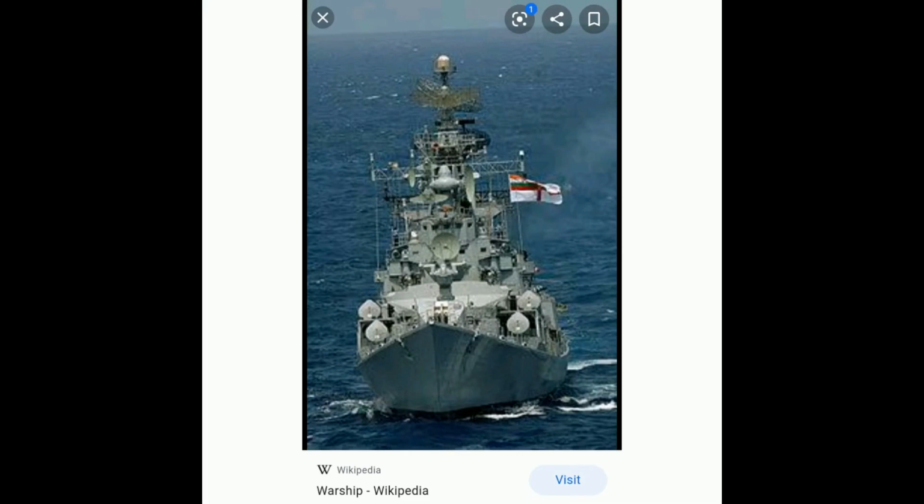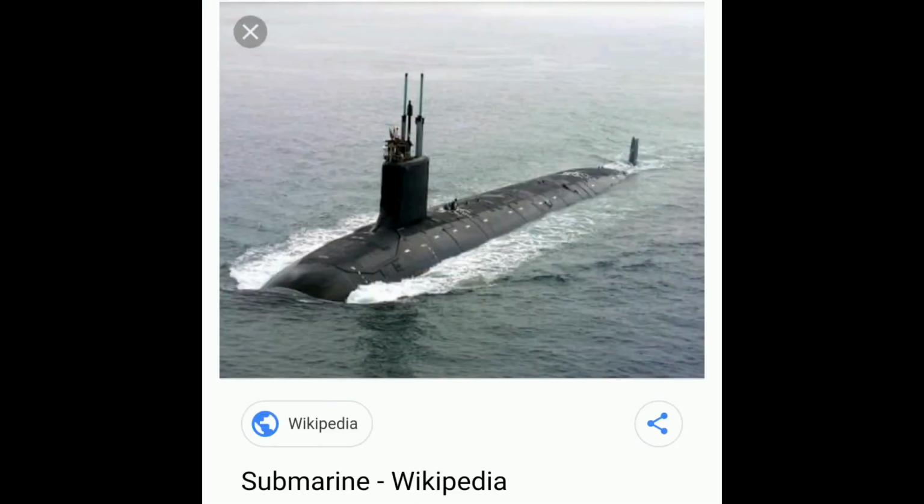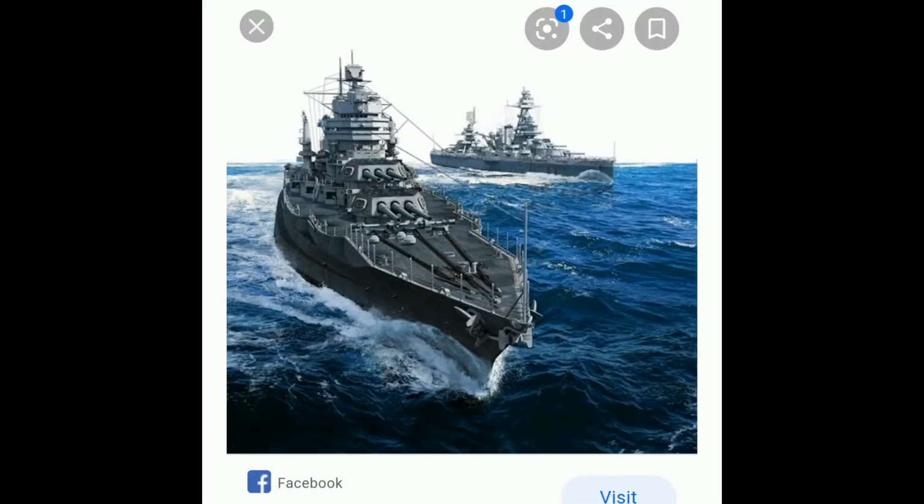In warfare, we use submarines, which enable us to live and travel underwater. How did man capture these victories? With the help of intelligence and knowledge that he acquired. So we should also learn to live in this world.